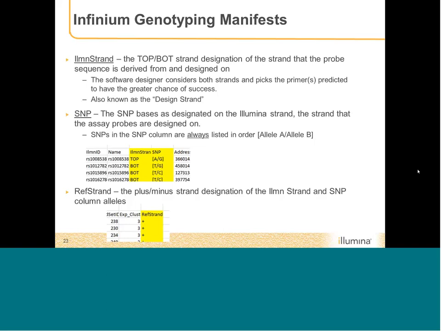Now, other strand designations, important. The Illumina Strand is the top/bot designation of the strand that the probe sequence was ultimately designed on. As I said, when we design these assays, we analyze both the top and the bot strand of whatever sequence we are looking at, and we choose based on the thermodynamic stability and the appearance of sequences throughout the genome that might hybridize or cross-hybridize with it.